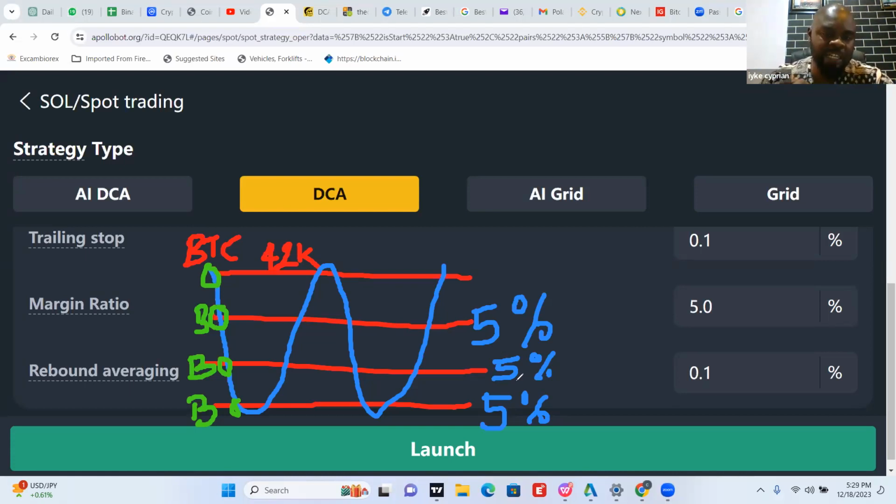It keeps dropping and it keeps buying low. And when it goes up, you can see it will sell. These are selling points. It will sell at different points. So this is buying low and selling high. And each time your robot buys low, your USDT will be allocated to buy BTC.